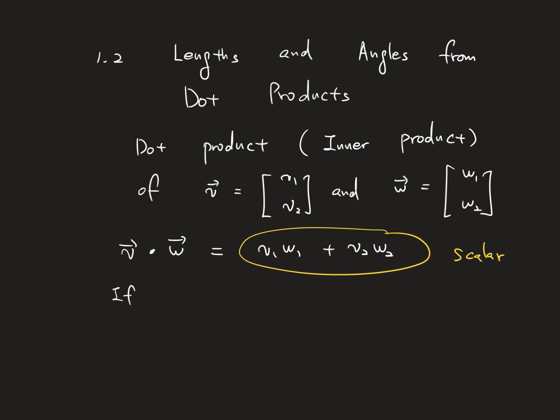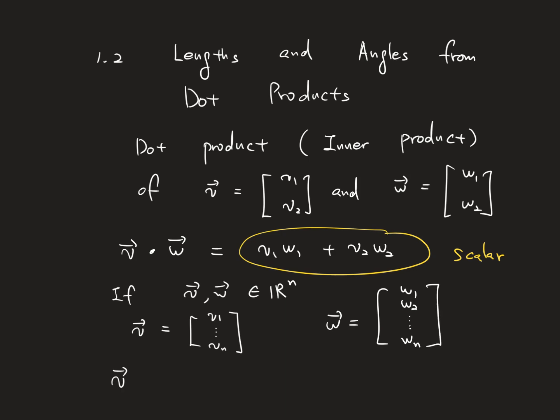So if v and w are vectors from Rn, then the vector v is v1 and so on to vn, with n components, and w is equal to w1, w2, and so on to wn.